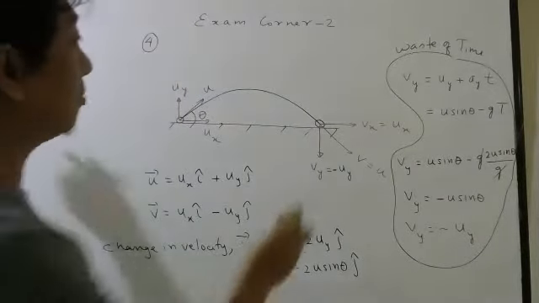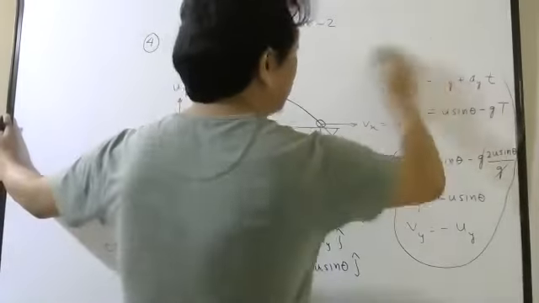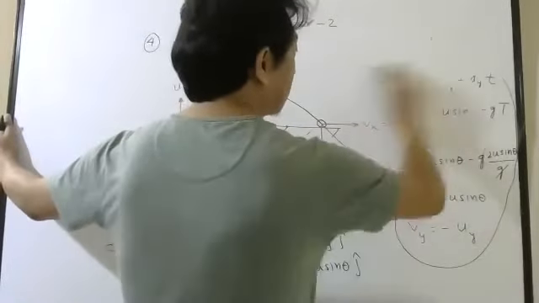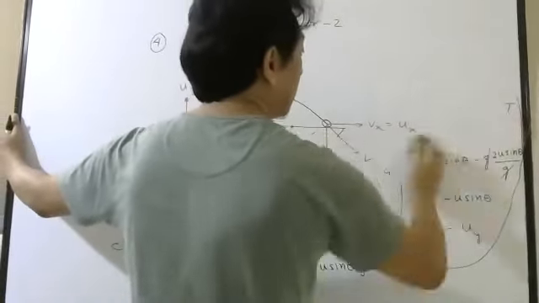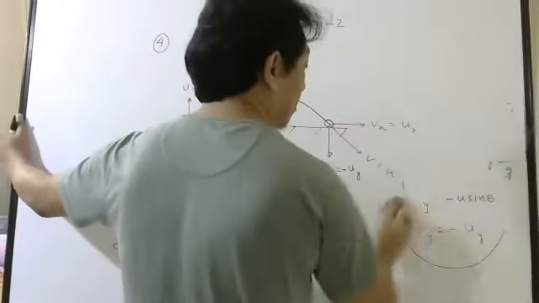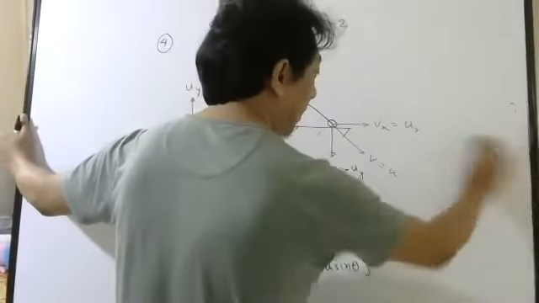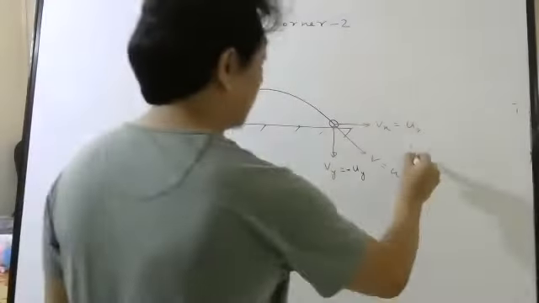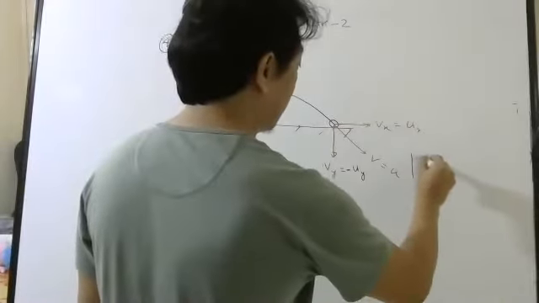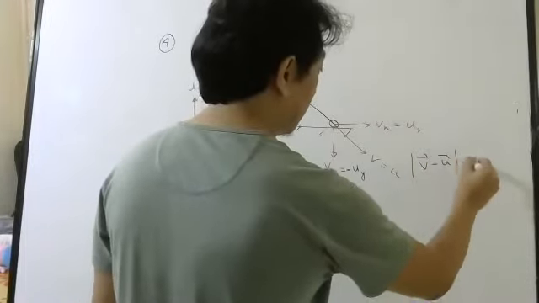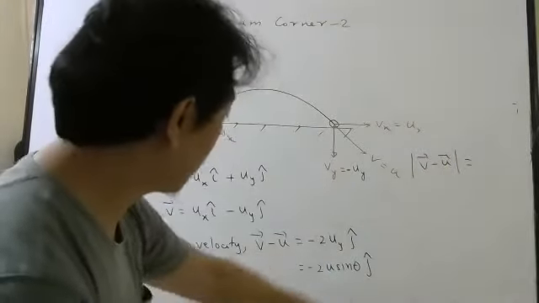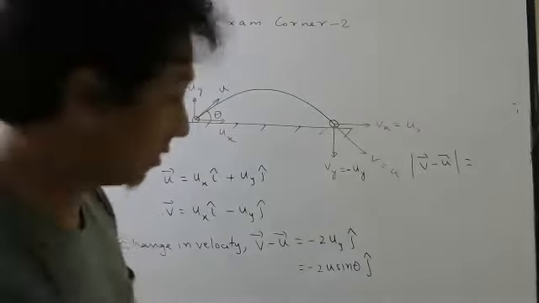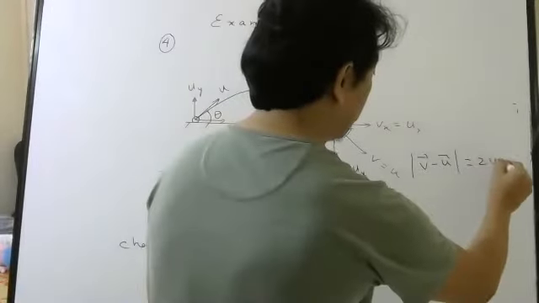Suppose they ask you to find only the magnitude of change in velocity. So if you take the magnitude of this, what will you get? Magnitude means modulus. So you will get 2u sin theta.